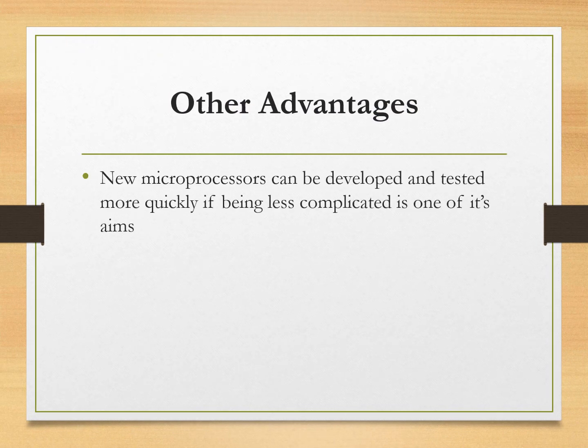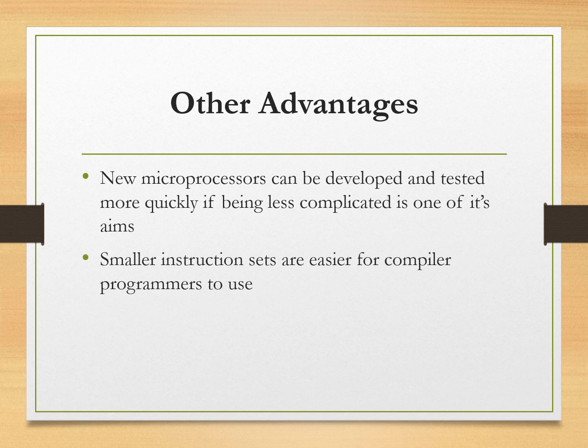Okay, there are other advantages of RISC, where a new processor can be developed and tested more quickly. Being less complicated is one of its aims. Smaller instruction sets are easier for compiler writers and programmers to use.